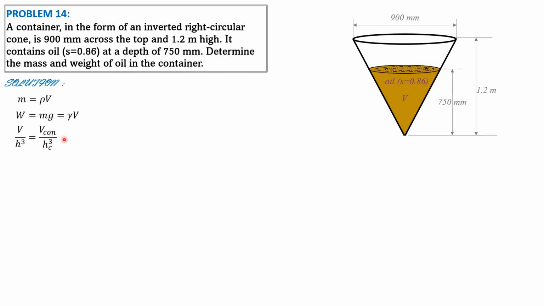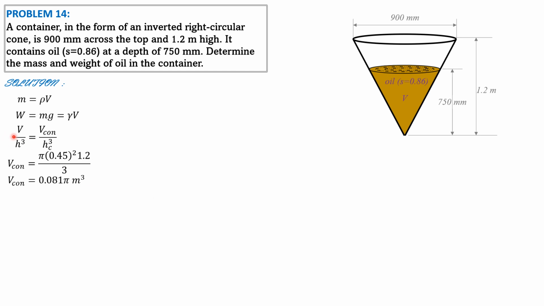The volume of cone is pi r square h over 3, or in general area of the base times height divided by 3. So it is pi times 0.45 meter quantity square times 1.2 over 3. So the volume of the container or the cone is 0.081 pi cubic meter.